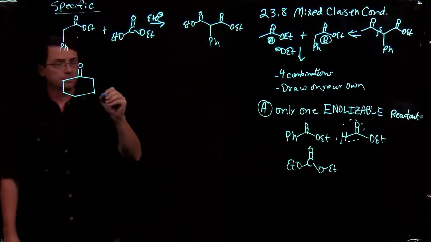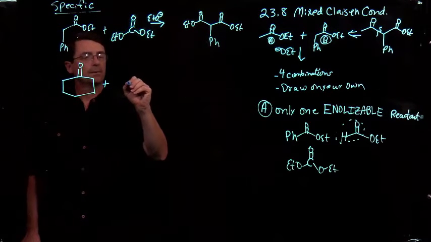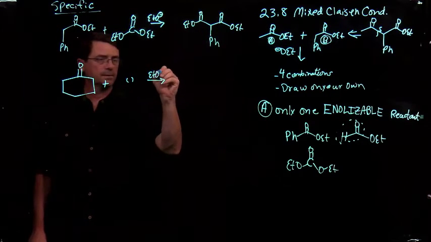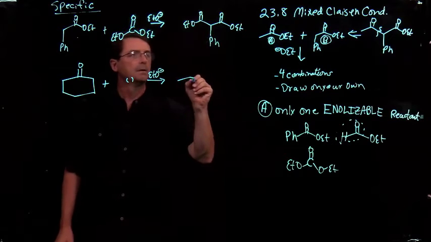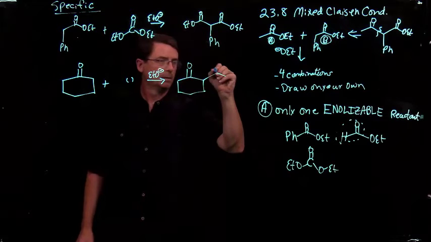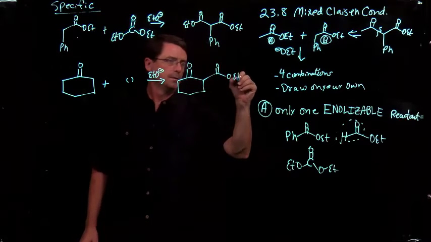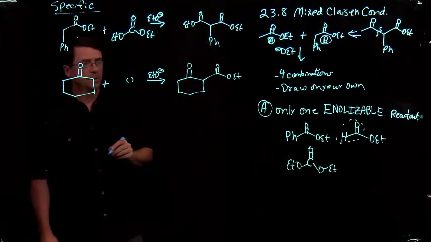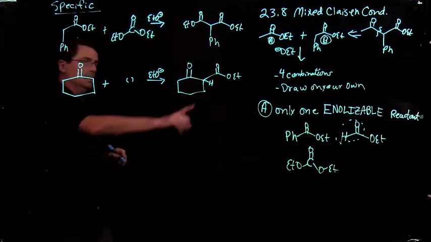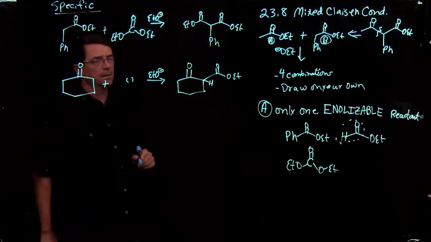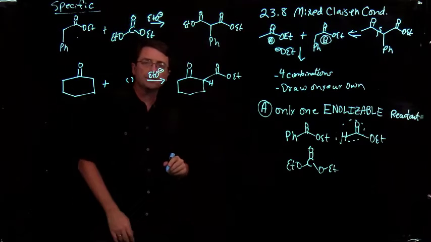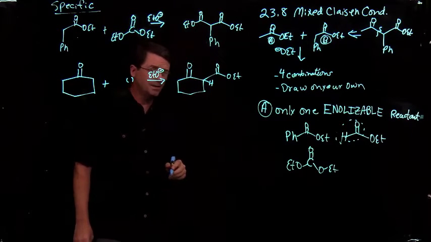I can use a ketone, for instance, and if I react it with diethyl carbonate, as above, again with ethoxide, that puts the ester functionality on the alpha position next to the carbonyl. And we'll see, this is one of the places that this reaction is very useful.